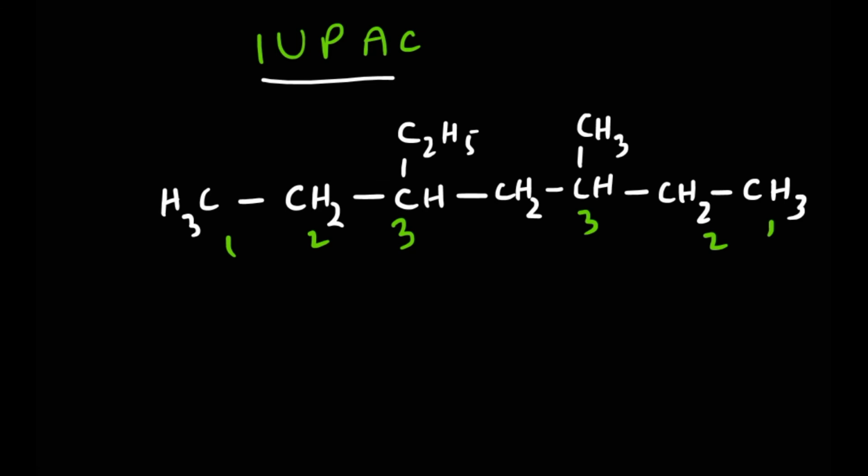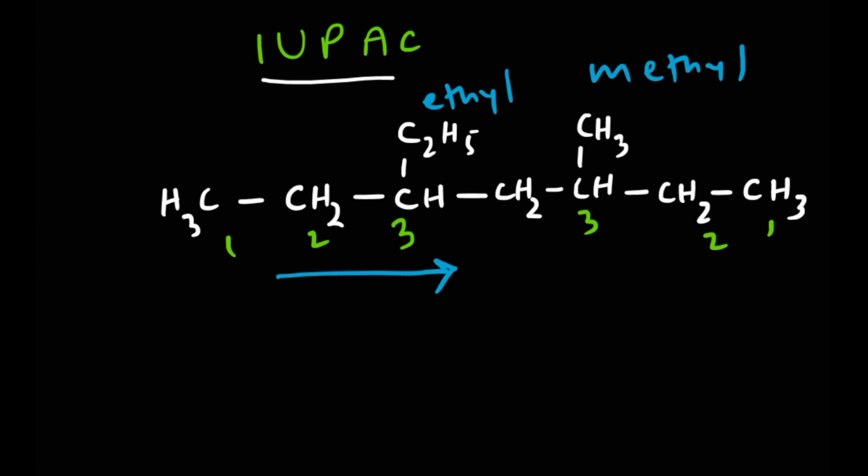This is the methyl group, and this is the ethyl group. Alphabetically, ethyl comes first, so we follow that direction, 1 2 3. I mean, we should follow the direction where the alphabetically first letter comes first.